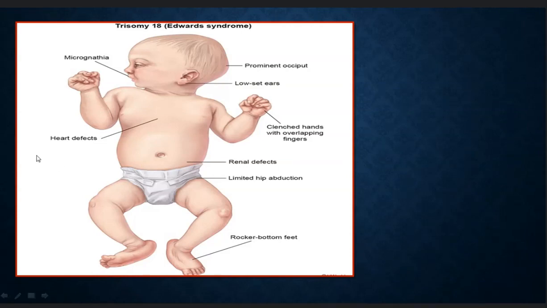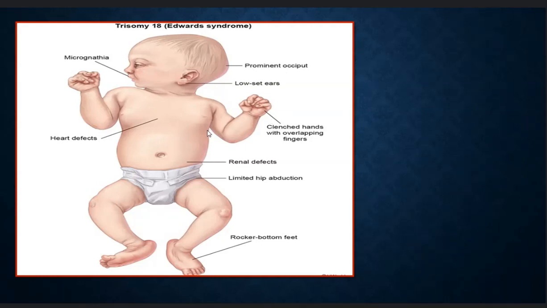Going to the hand, very important. Babies with Edwards syndrome have an abnormal fist of the hand. This is called the clenched hand with overlapping of fingers. You can see here, the second finger is over the middle, and the fifth finger is over the fourth. This is called overlapping of fingers, with always a clenched hand, abnormal fists.